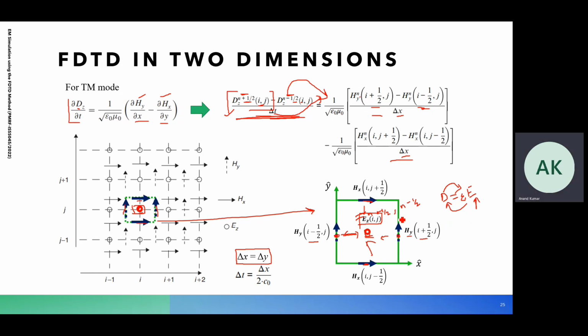And I'll be discussing spatial dependence of the permittivity in this particular class. So we won't go to very complex spatial dependence. I'll show simple codes of, for example, if we have this, this is our simulation space, and what happens if there was a cylinder and the cylinder had a different permittivity and conductivity, and we had a source, and the wave propagates and hits and the waves get scattered.